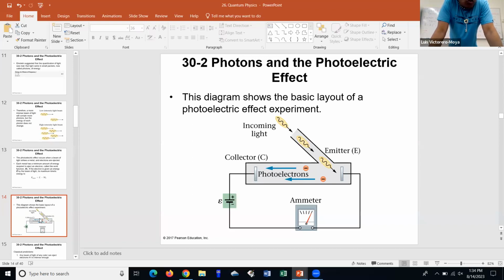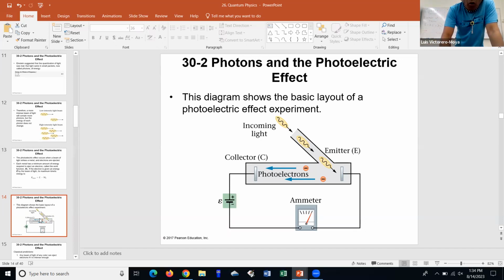When you do that, as you know, there's going to be an electric field, and the electric field is going to push the electrons. Now, if you have electrons moving, you are going to have current. So the current is measured by the ammeter. So basically, you have a circuit. Now, depending on the current, you know the amount of photoelectrons being emitted by the incoming light.